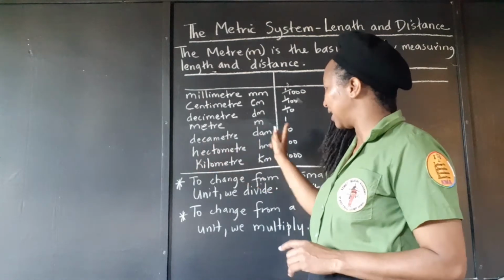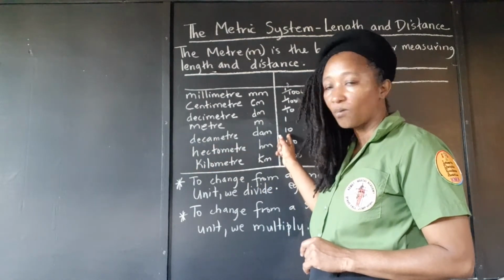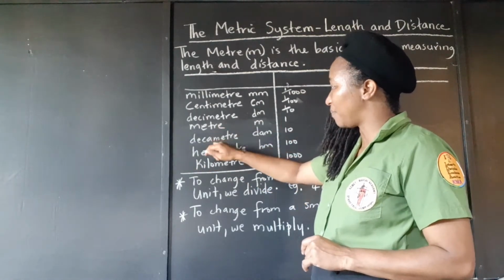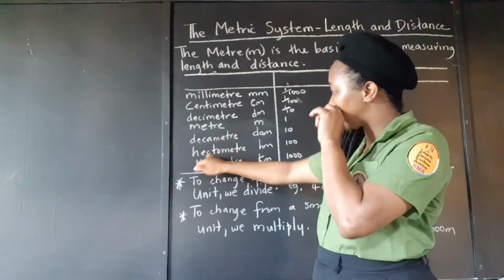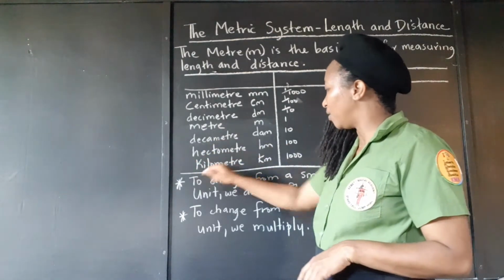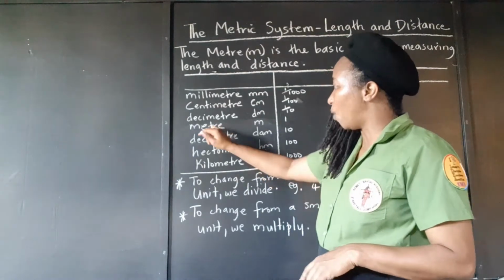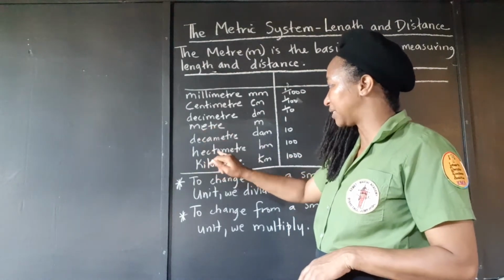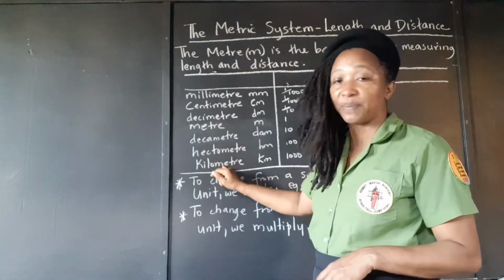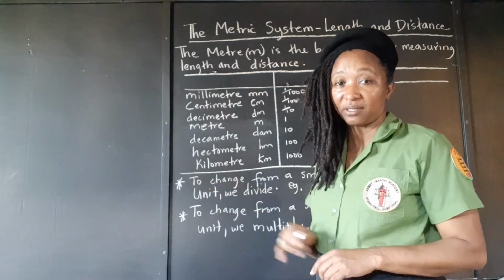Deca indicates 10. So 10 meters make 1 decameter. Hecto indicates 100. Kilo indicates 1,000. So 100 meters make a hectometer. 1,000 meters make a kilometer. Right?